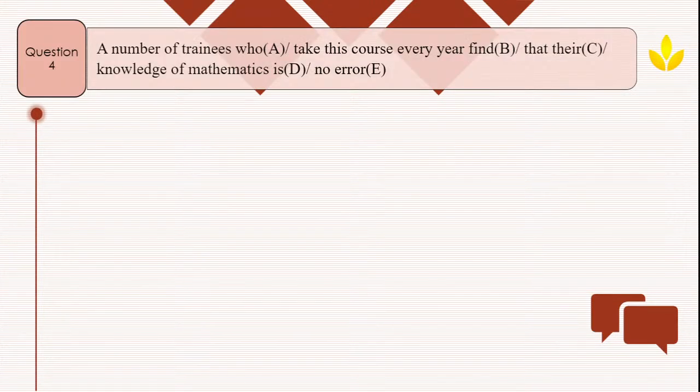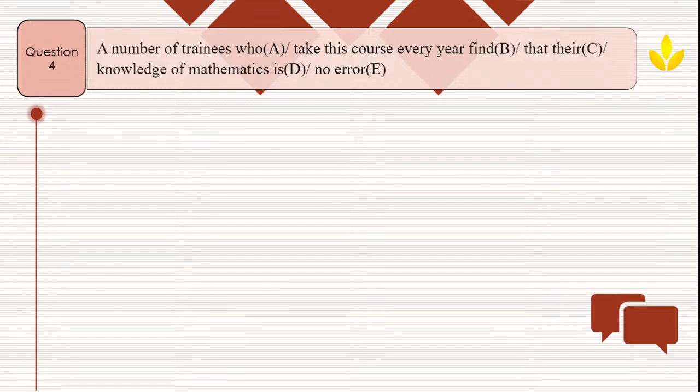Question number 4. A number of trainees who take this course every year find that their knowledge of mathematics is no error.